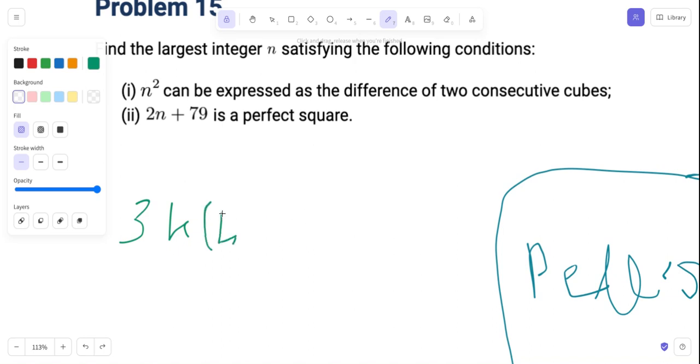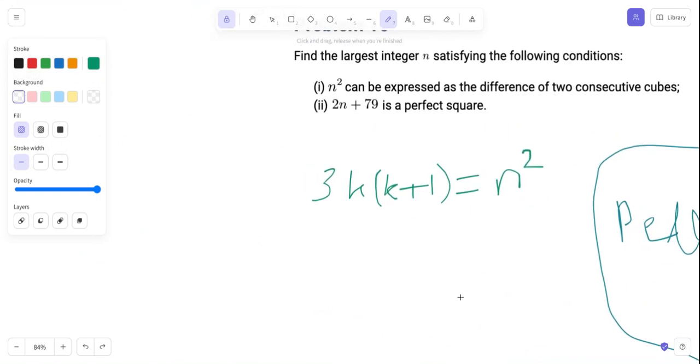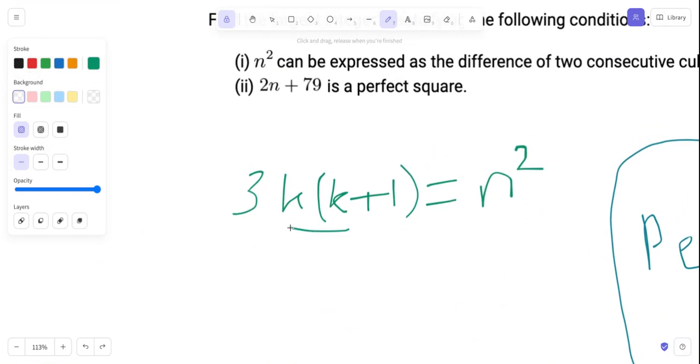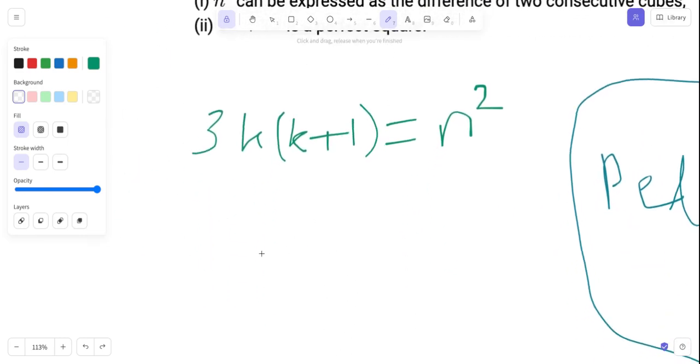It's equal to n squared. Since both of these are integers, we can use Pell's method, and we have a degree two polynomial of k. So I'm going to show you how you can actually simplify this to something else.